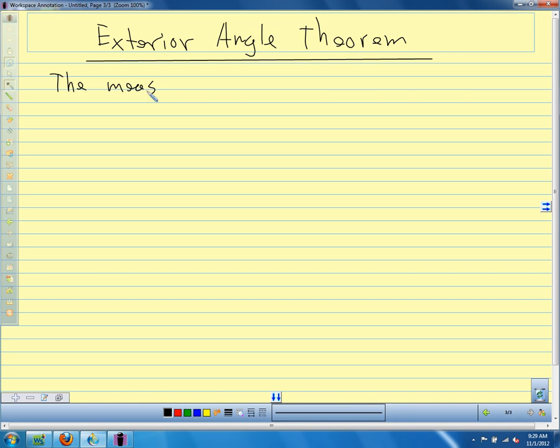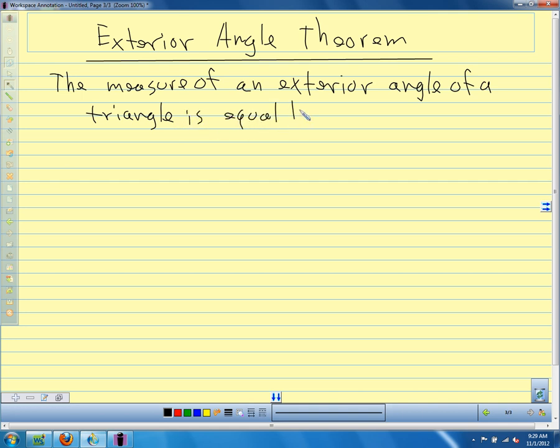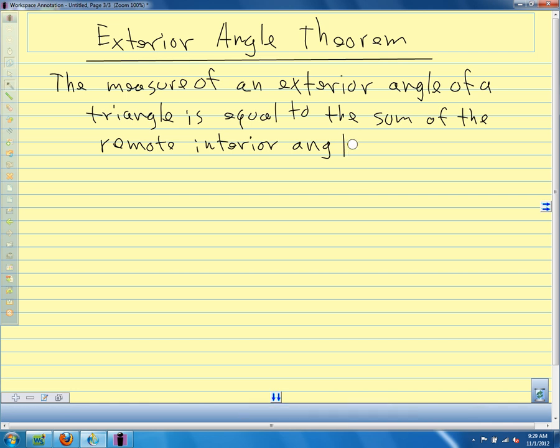The measure of an exterior angle of a triangle is equal to the sum of the remote interior angles. It sounds kind of complicated, but it really is not.